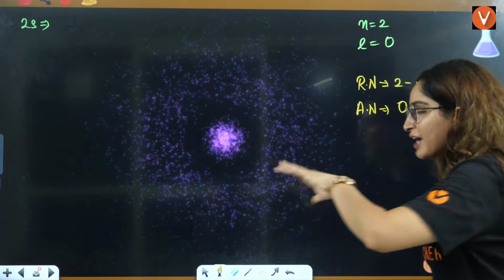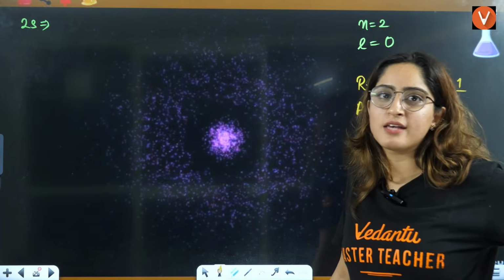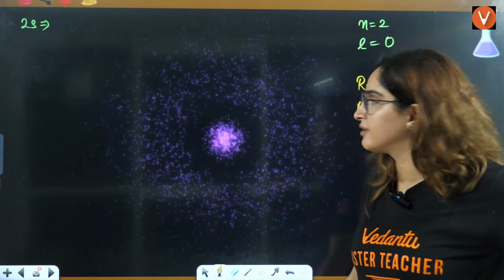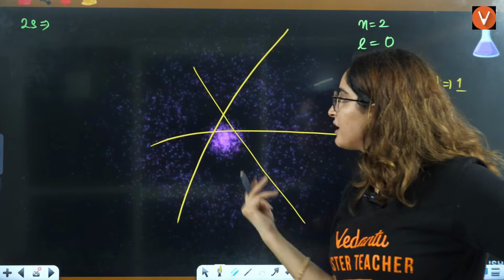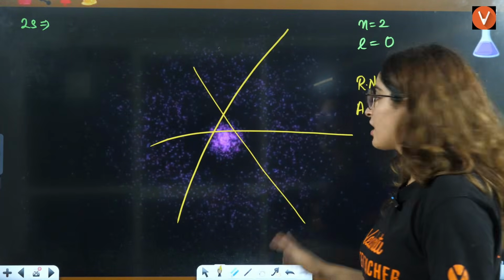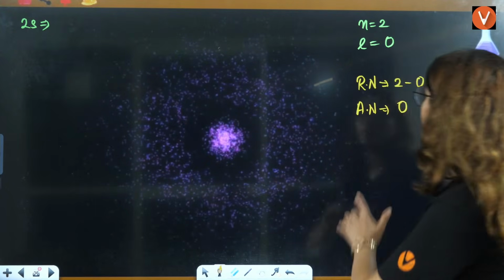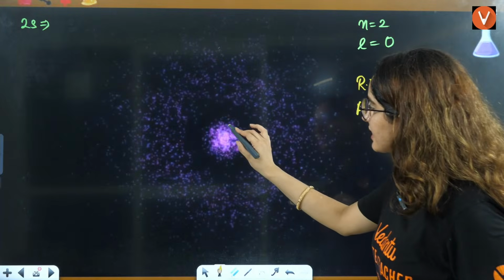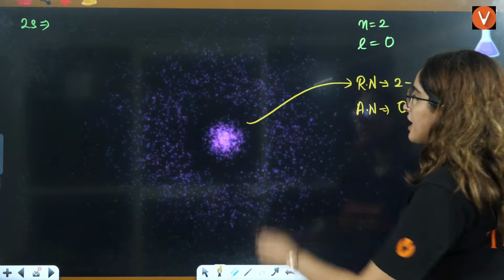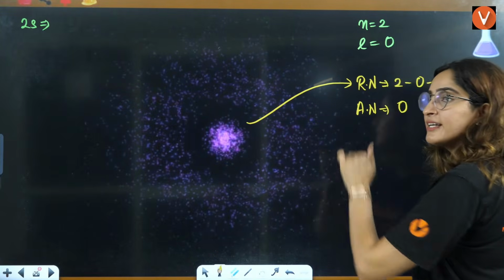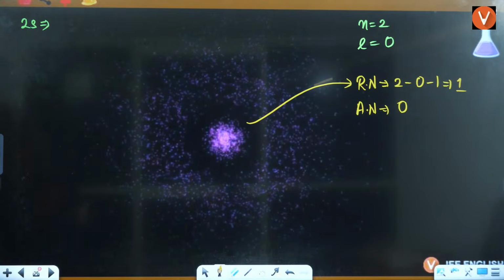Can you see any angular node here? Is there any plane that I can pass which has 0 electron density? Can you pass this plane? No. Can you pass this plane? No. It has density, so definitely the angular node is 0. But I can see here it is going towards maximum, and this is your radial node, where it is decreasing, then again increasing.